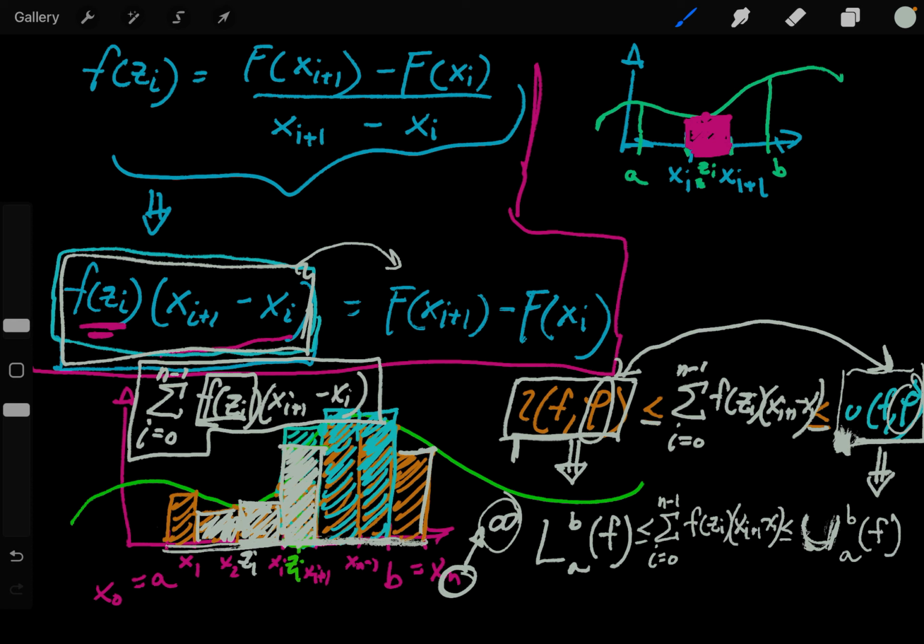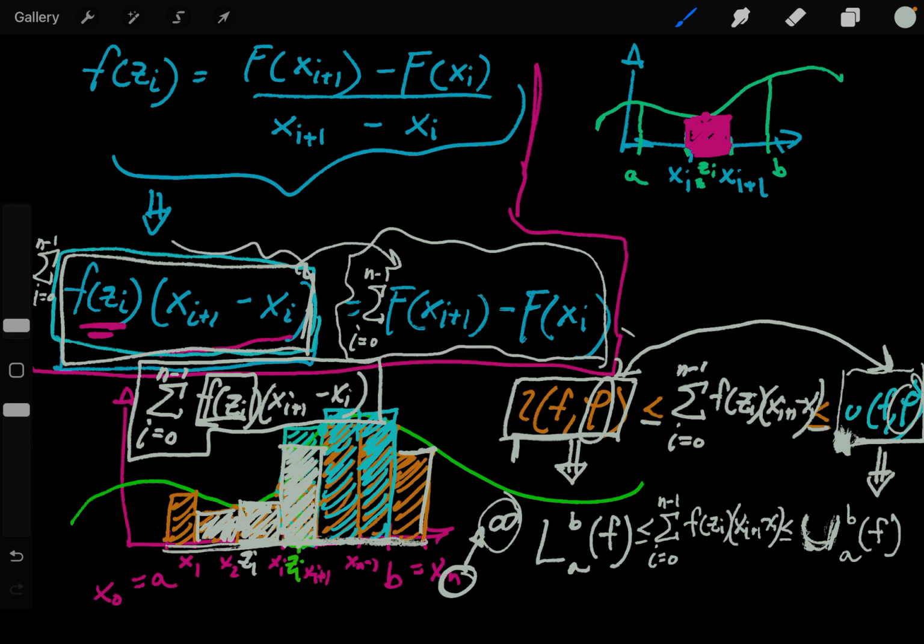If I sum along i on both of them, the equality will remain. This equality was true for any of the intervals. So it's true for all of them, right? It's the same statement. So this here is the same as this one here.